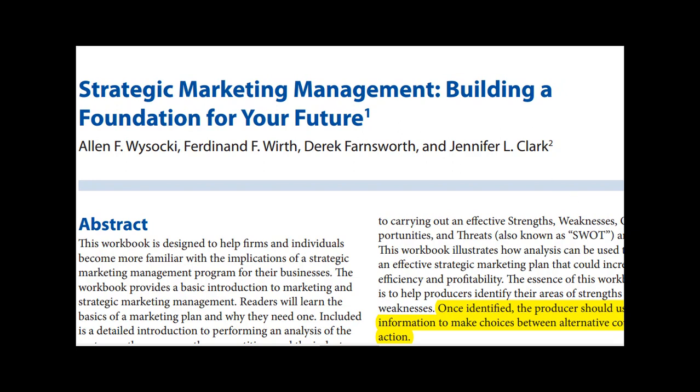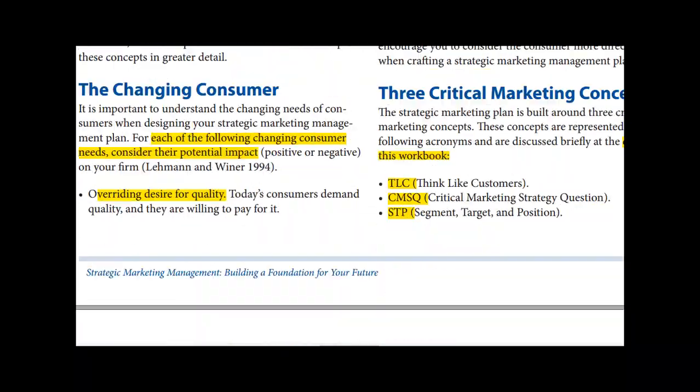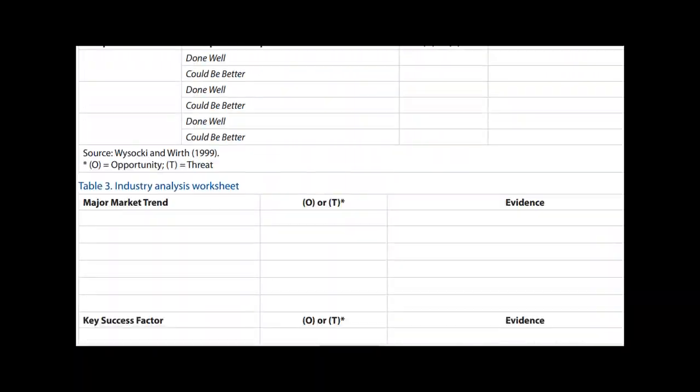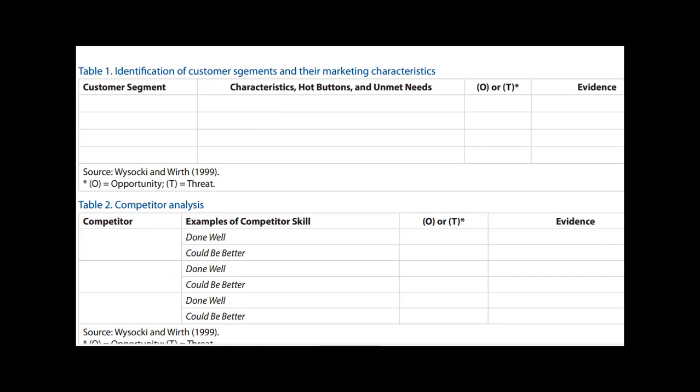And the important thing is that at the end of this reading, they have given certain tables. These tables are the tools used to carry out the analysis inside and outside the organization. These tables are numbered 1, 2 onward, and in the text, they have mentioned how to use these tables.